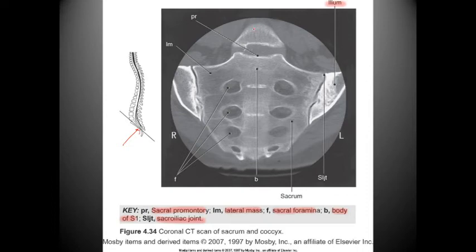Here we have L5, and so this makes this S1, S2, S3, S4, S5. The reason we can say this is because we actually do see the dividing line here where they're fused. We do see the sacral foramina.